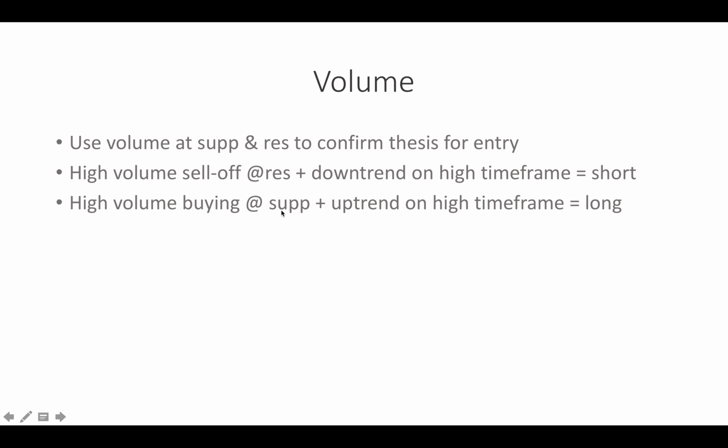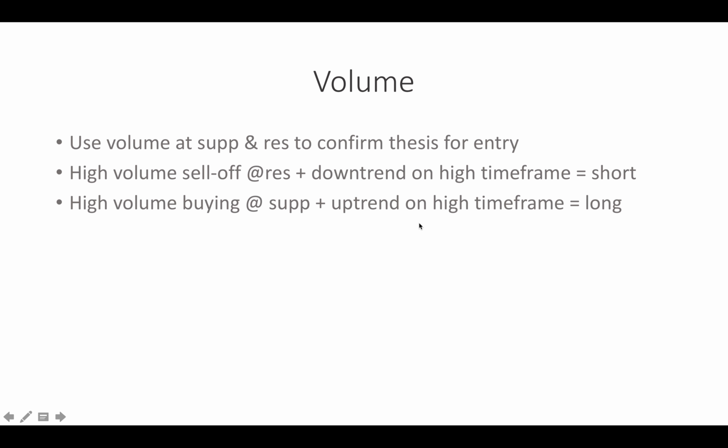So say CL is in a downtrend, which at the moment it is, so this part of the equation holds on a time frame, and we get to a resistance level of $50, there's a high volume sell-off, then my probable trade thesis is short. I wait for more price levels to break, then I get short, I get a nice entry, good risk management, that's my trade.